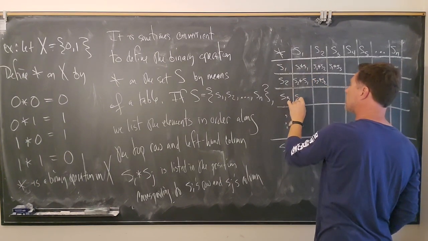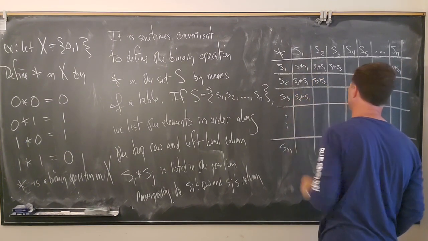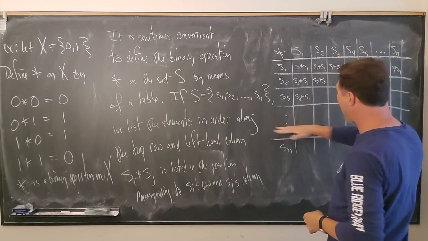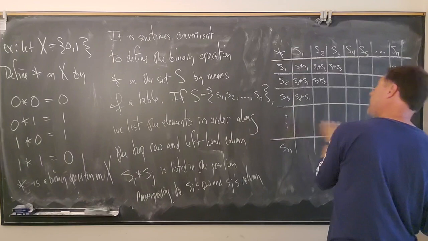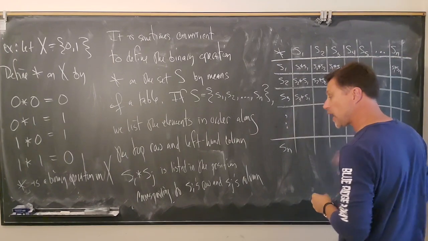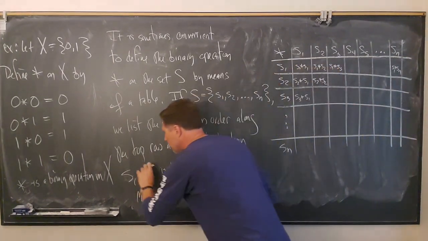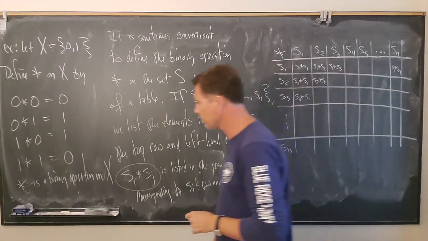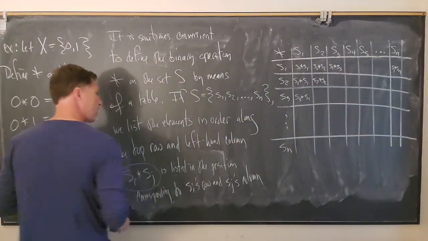This would be S3 star S1. And in general, in the ith row and the jth column, we would write the element S sub i star S sub j. Okay, so there's the idea.